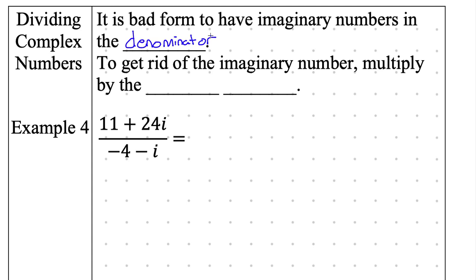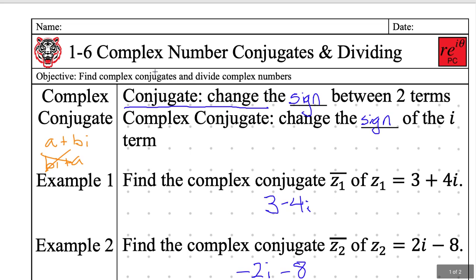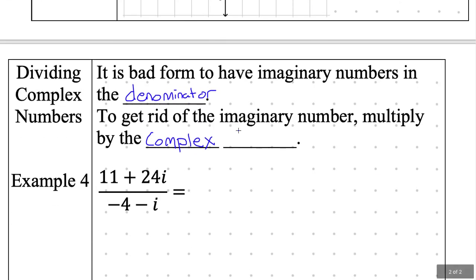Eva, go for it. Say it louder. Complex something. Say again, Eva. Complex. There it is, conjugates. Complex conjugate.